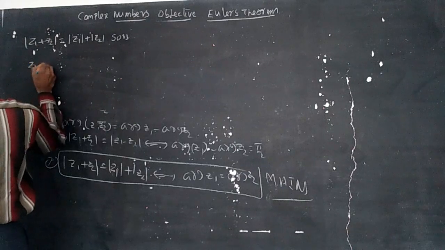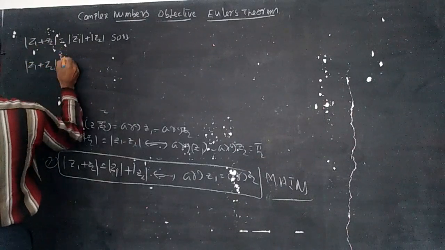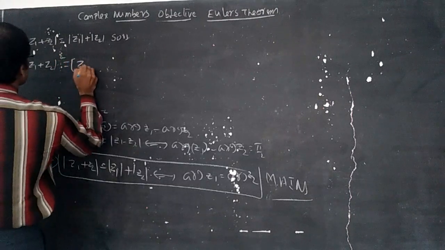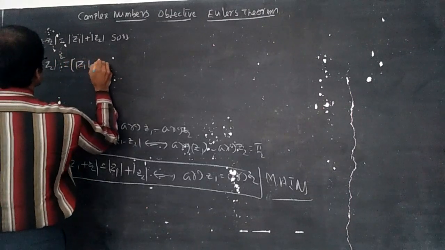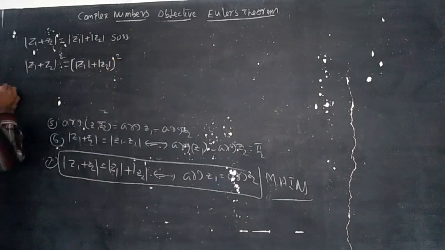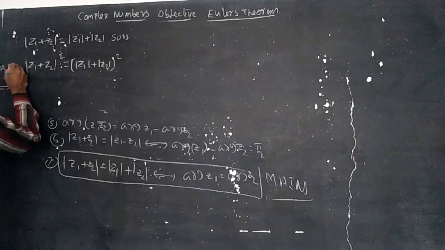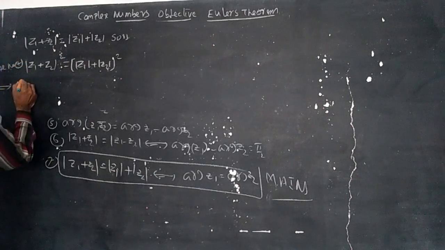Squaring both sides, modulus of Z1 plus Z2 total whole square is equal to the overall modulus of Z1 plus Z2 whole square. That implies, see the page number 4 formula.